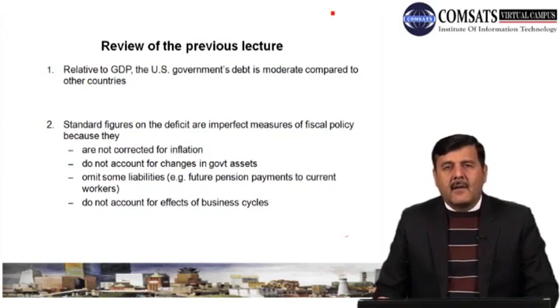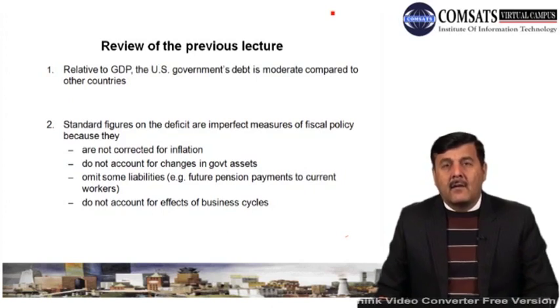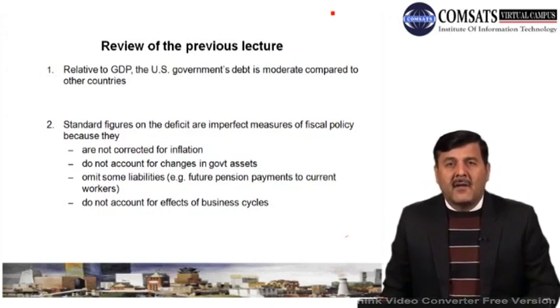So we started, basically, in the last lecture we started to discuss and compare the government debt as a percentage of GDP for different countries with the help of figures, and we found that relative to GDP, the US government debt is moderate compared to other countries. This is what we found.